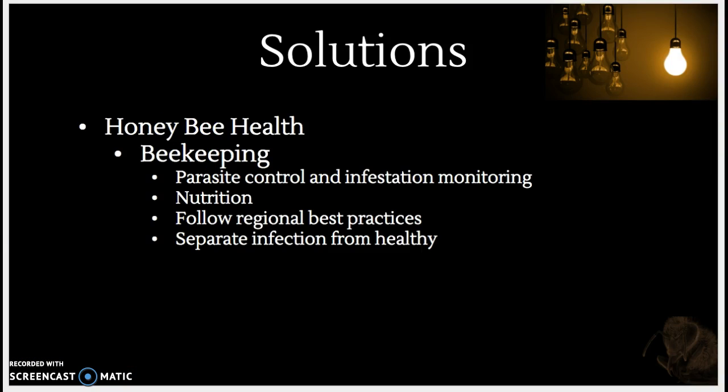In order to maintain colony health, beekeepers are advised to monitor for varroa mites and to use approved pesticides according to package instructions when needed, to keep colonies well nourished, including making sure of forage availability or providing supplemental feeding, and to follow regional best practices. Colonies and equipment exposed to colony collapse disorder should not be combined or used for healthy bee colonies.